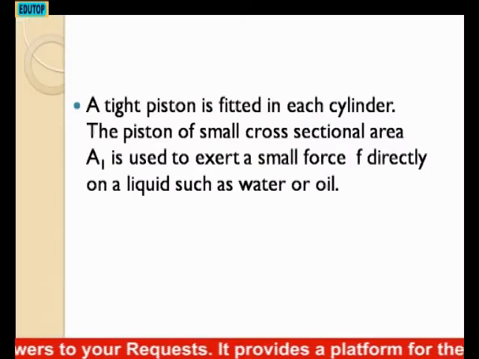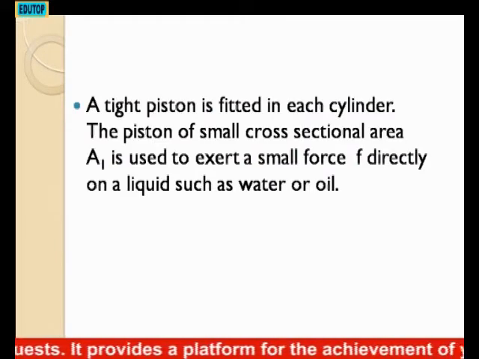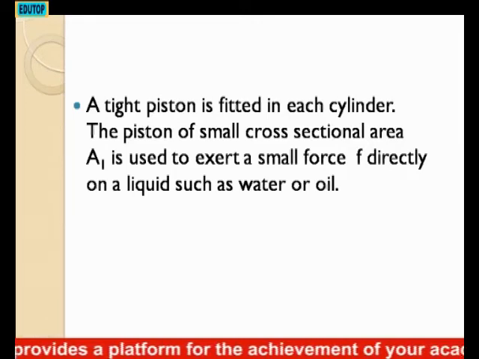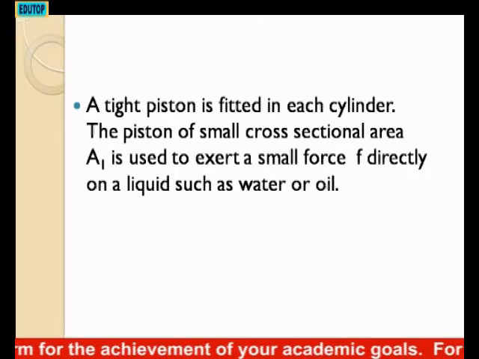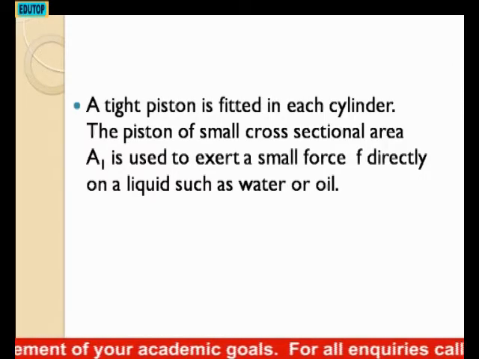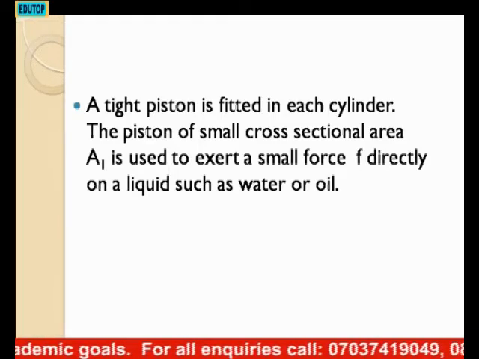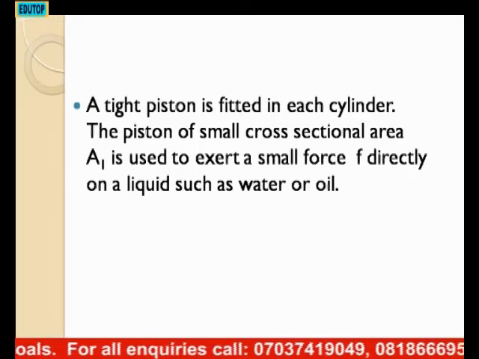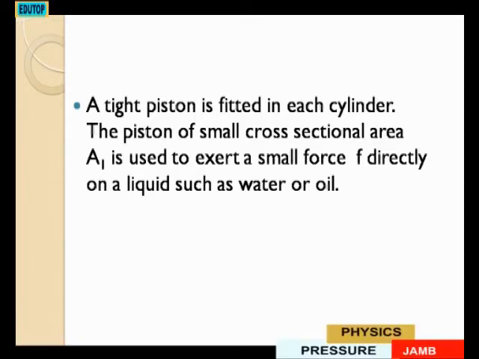Then after we have done that, the tight piston is fitted in each cylinder, as you can see on the board. Then the piston of small cross-sectional area A1 is used to exert a small force f directly on a liquid such as the oil we are having here now.